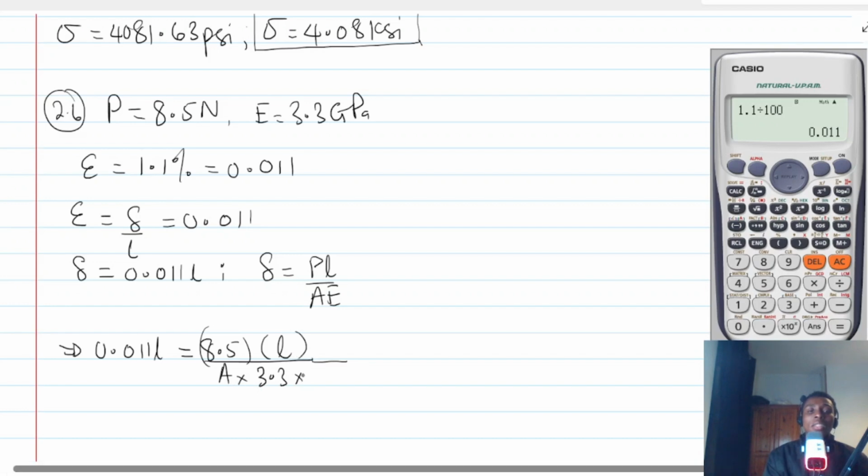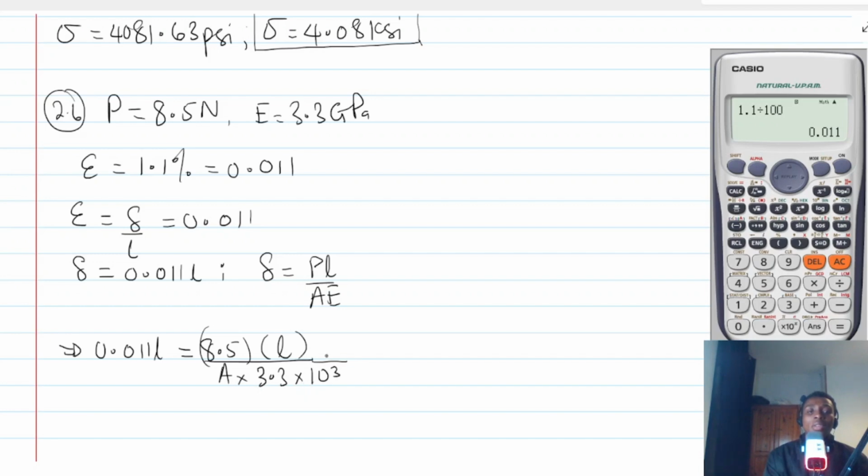Since I want the area in terms of millimeter squared, let me convert the gigapascal to megapascal. So E will be 3.3 times 10 to the power 3 megapascal.